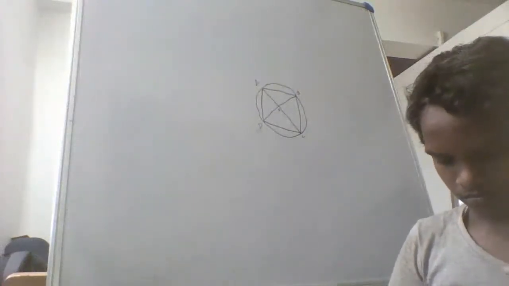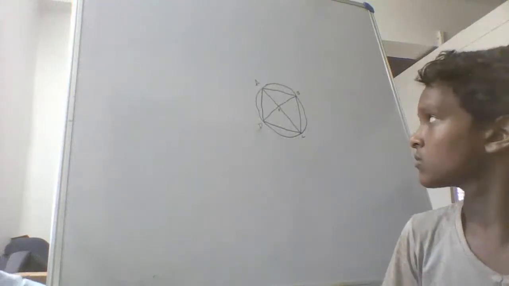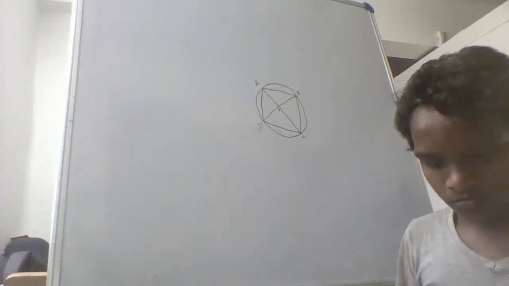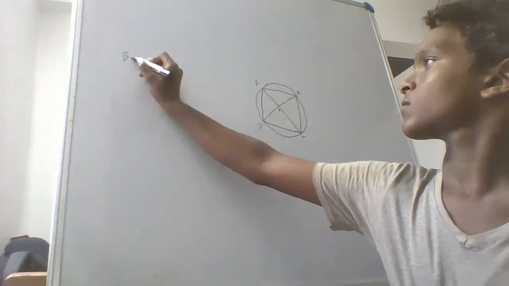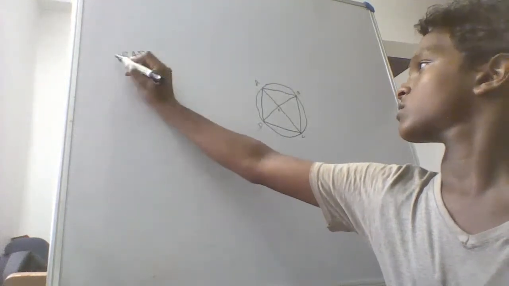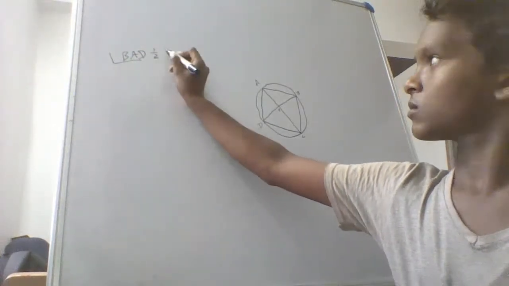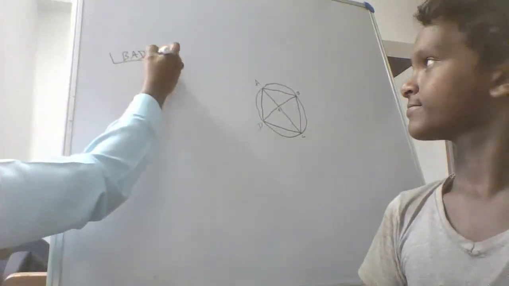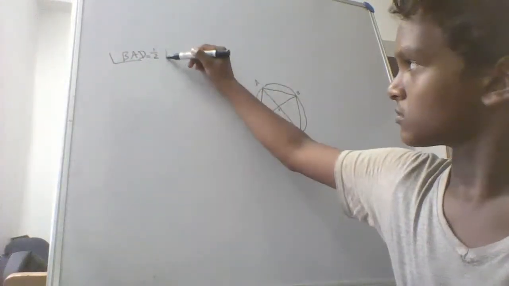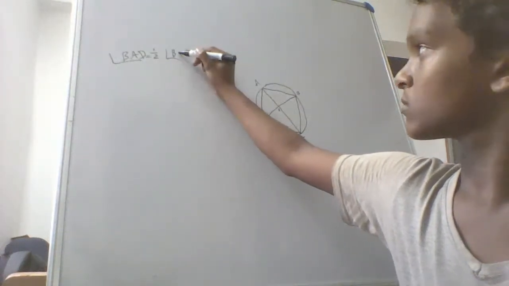Now write down angle BAD. Angle BAD is equal to half times angle BOD. Now what is BOD?